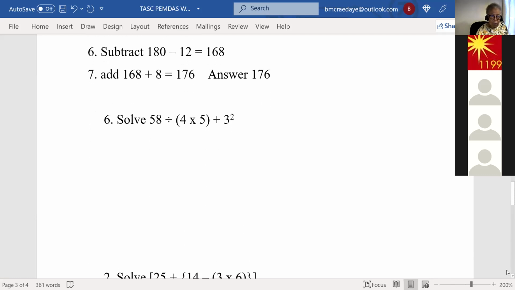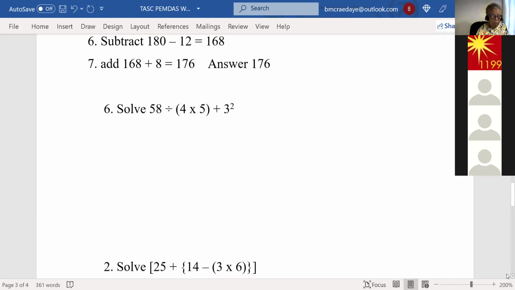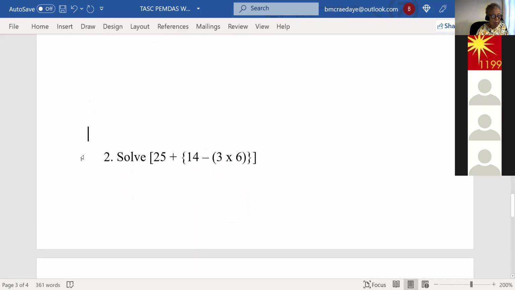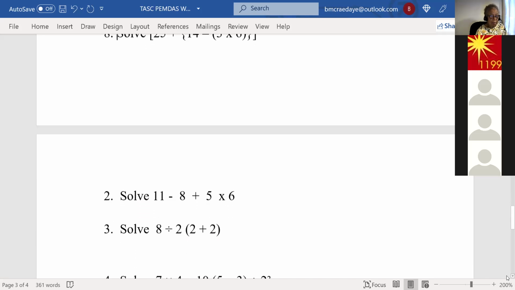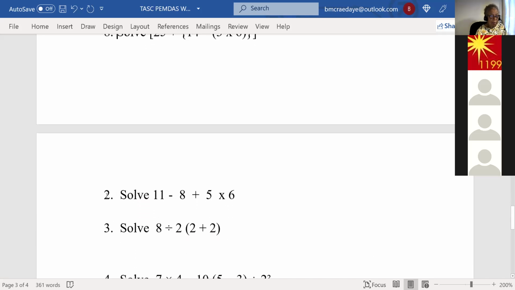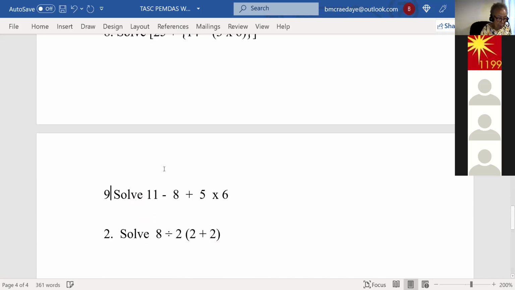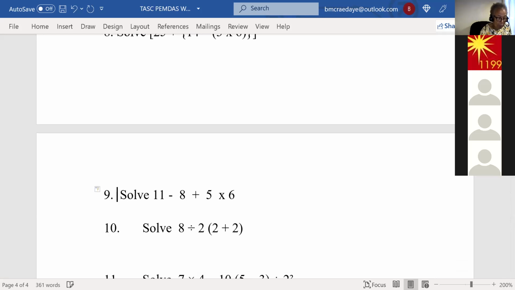This is really 6, and it's saying 2, but it's really 8. So your homework is going to be 8, 9, 10, and 11.